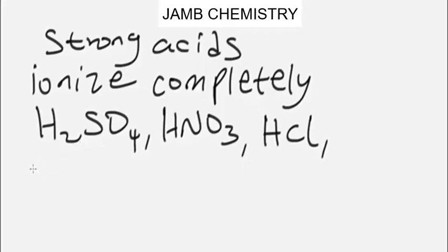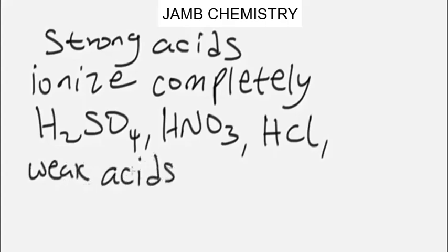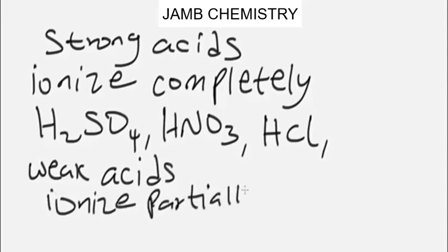Now, let's look at the concept of weak acids. Weak acids are those acids that ionize partially in water to release hydrogen ion. So the keyword here is ionize partially. They don't ionize completely, but they ionize partially in water.